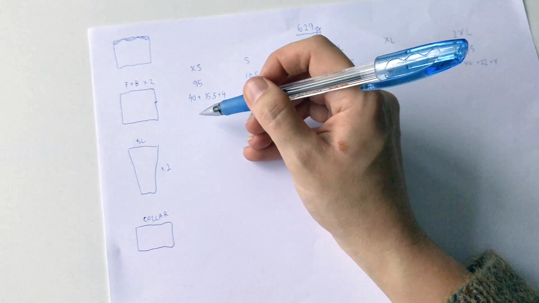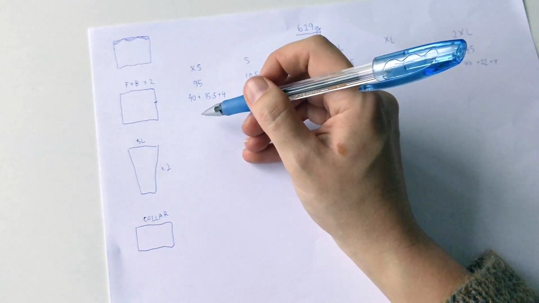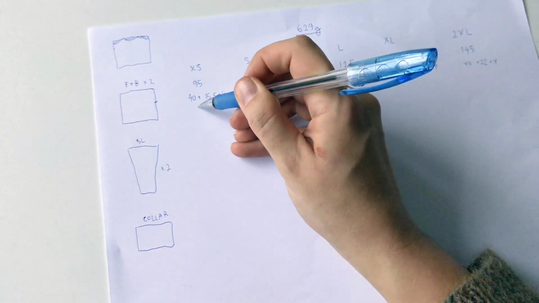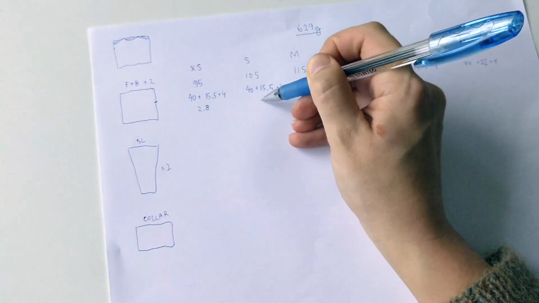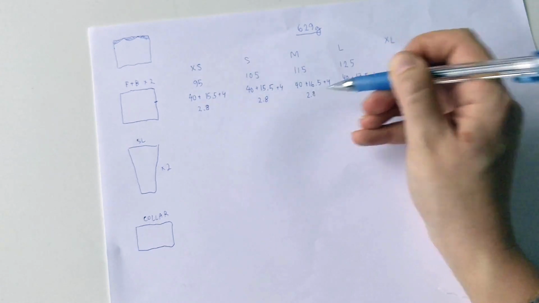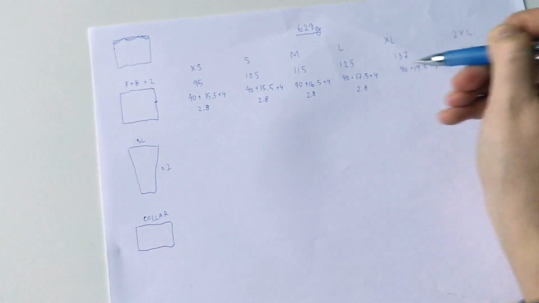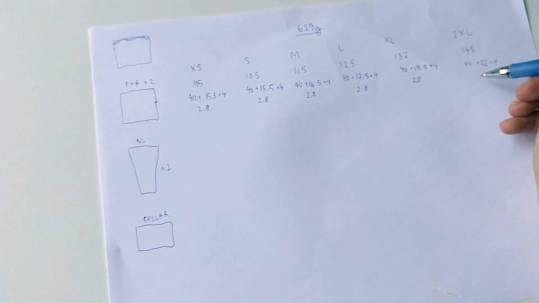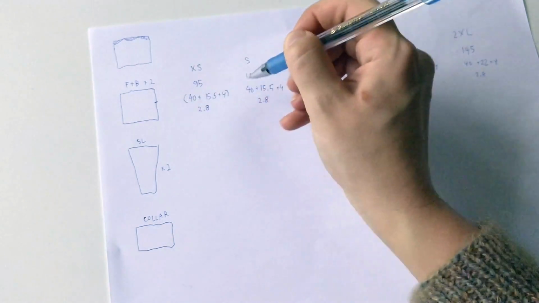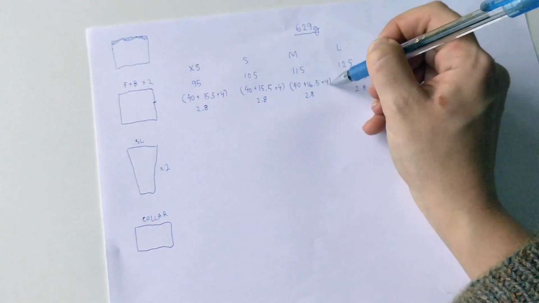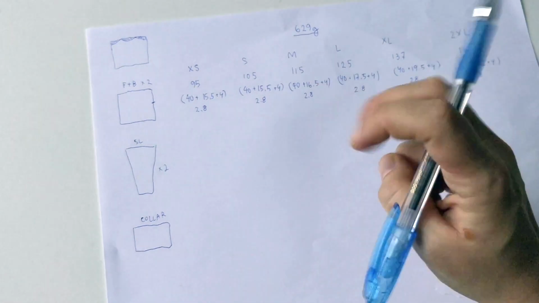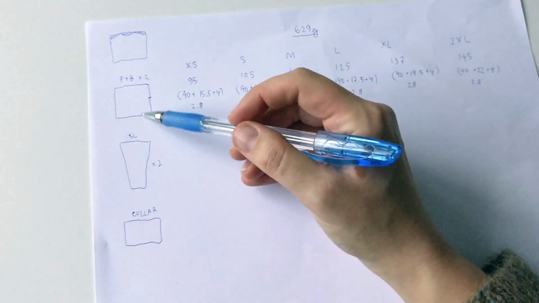And our gauge was 28 rows per 10 centimeters, so that means it's 2.8 rows per centimeter. So what this becomes is that we calculate all these together to get kind of like the area of the front and back.